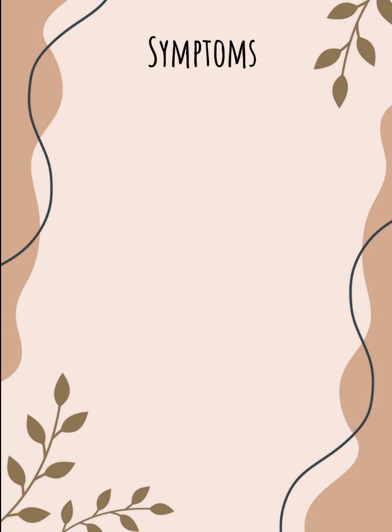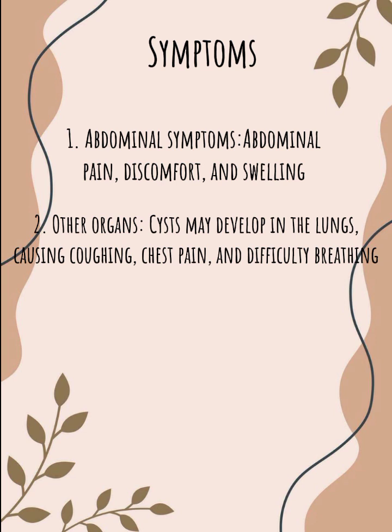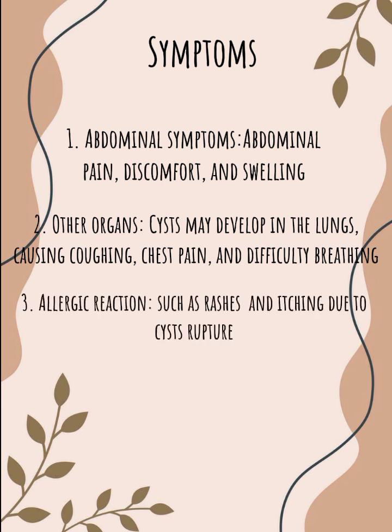In humans, there are two types of echinococcosis: cystic echinococcosis and alveolar echinococcosis. Cystic echinococcosis, abdominal symptoms, causes abdominal pain, discomfort, and swelling. Cysts may also develop in other organs such as the lungs, causing coughing, chest pain, and difficulty in breathing.